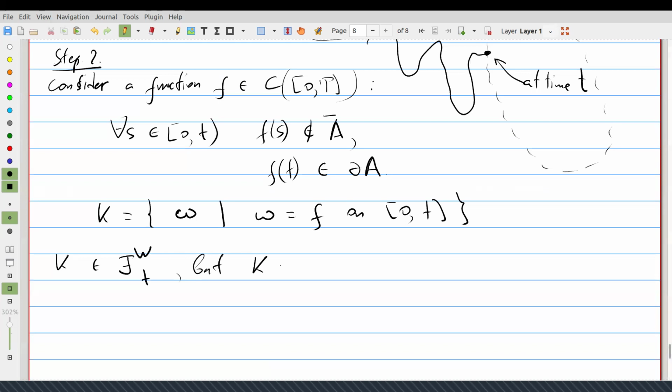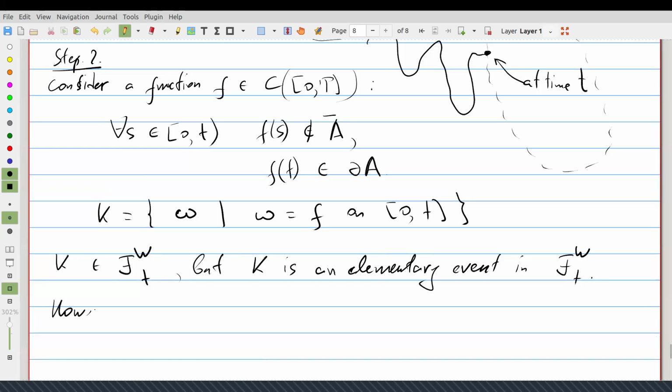But K is effectively an elementary event. There is nothing smaller in F^W_t, because we know that in the canonical model, omegas are just functions, and we take the function. So this is an elementary event. It cannot be divided in any sense.